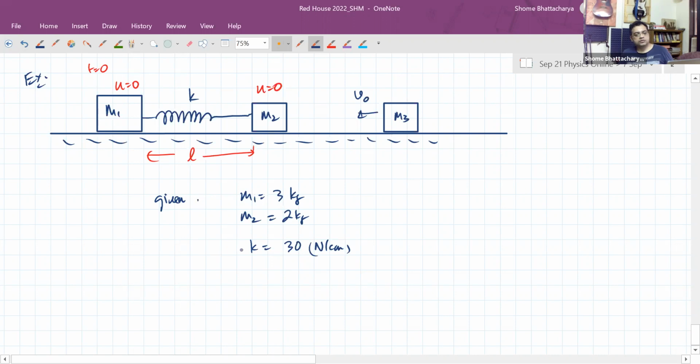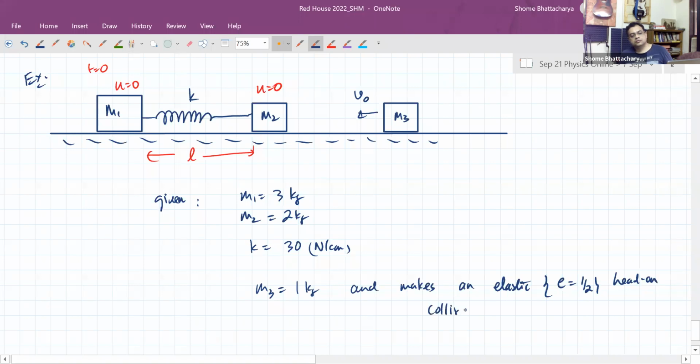Now the third block is of mass 1 kg, let's say, and makes an elastic, though not perfectly elastic, collision. So let's take the value of e as 1/2, a head-on collision with M2.